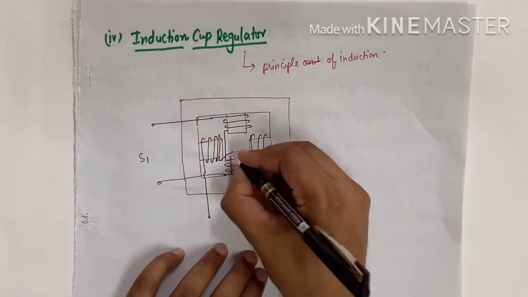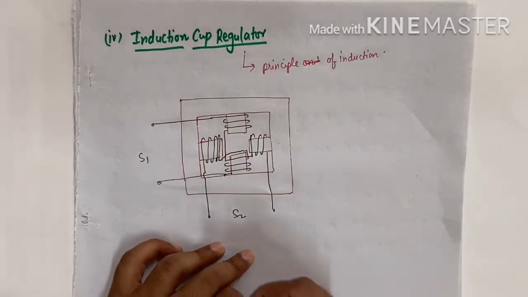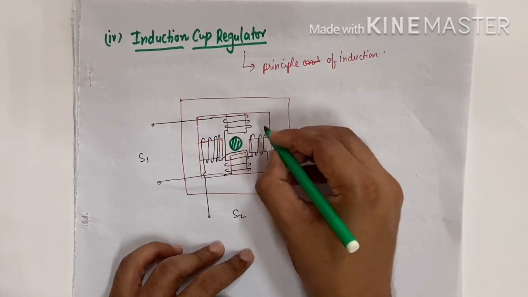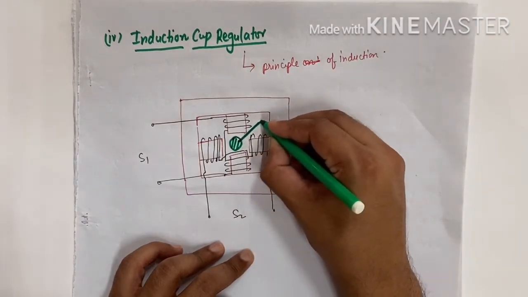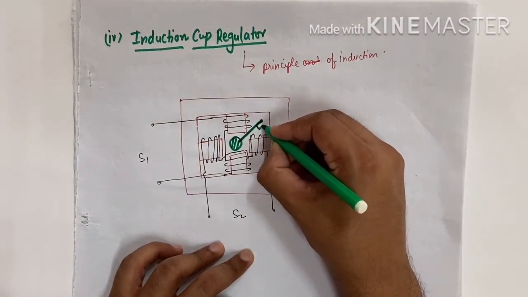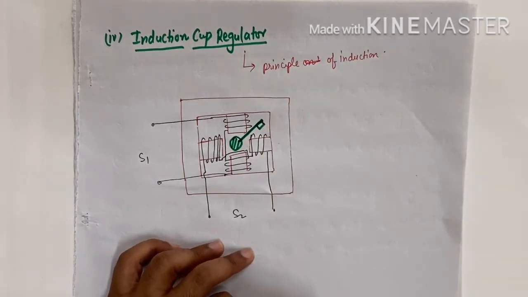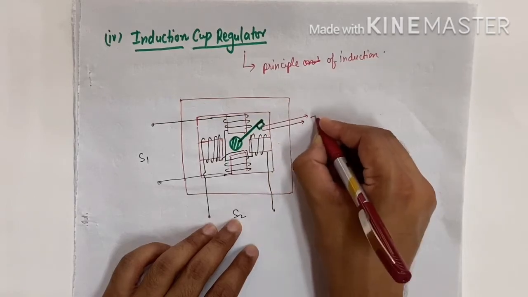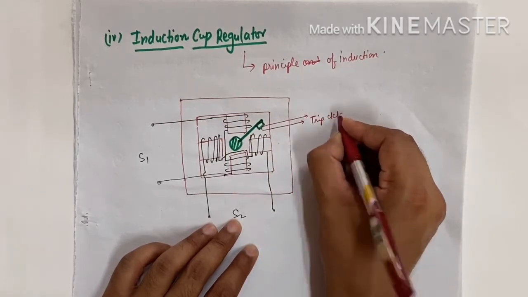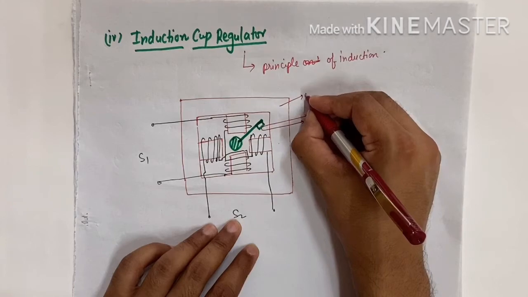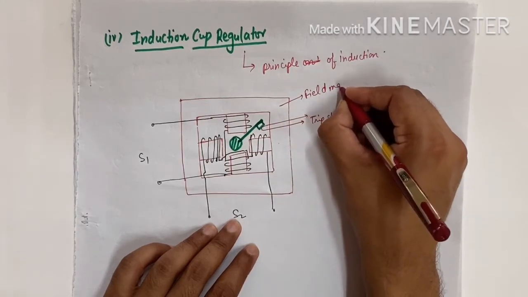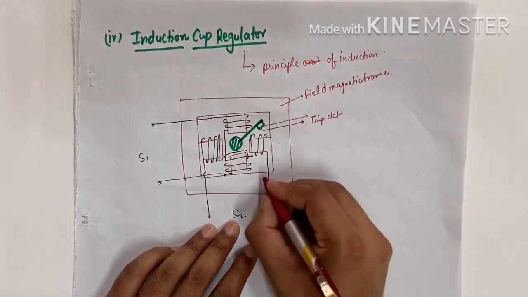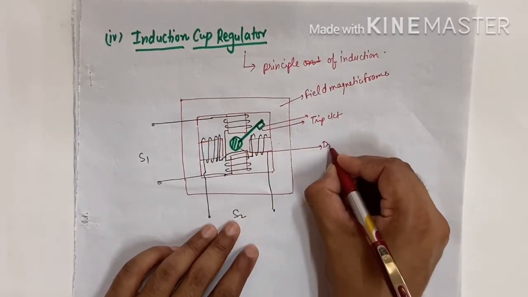Okay, in this we can place a drum, and this drum goes to the flash circuit, and this goes to the trip circuit. This is called the field magnetic frame, and this is called the drum.